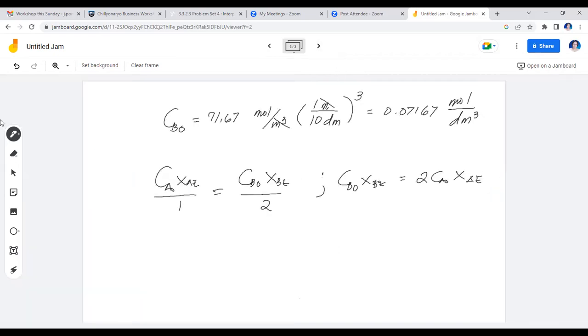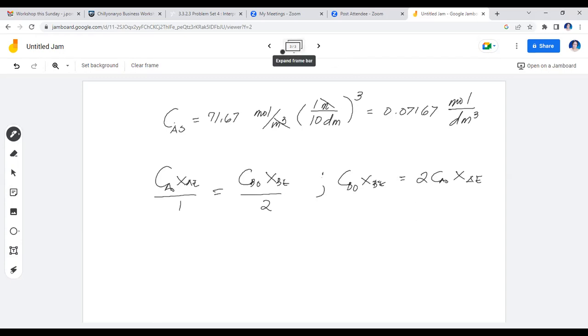And this is also CaO here, not CBO. Okay, so this is CaO. Because B, we don't have it initially. We only have A present initially. Okay, so we can replace the CBO XBE by 2 CaO XAE based on this particular relationship that we have.